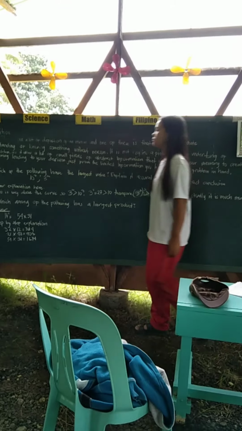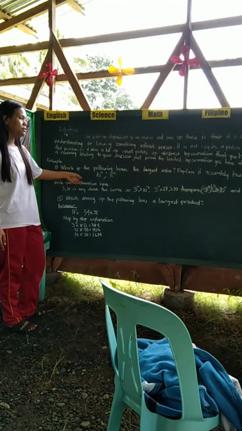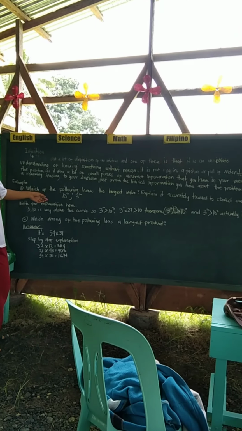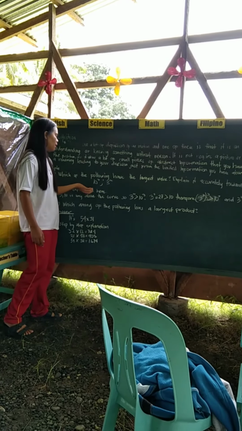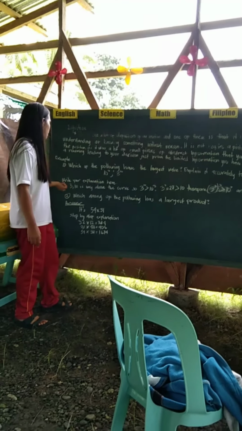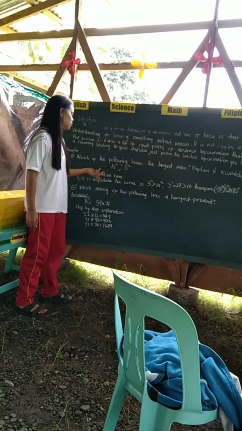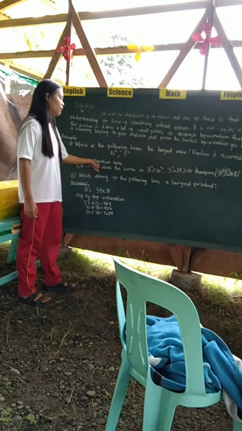For example, number 1: which of the following has the largest value? Explain it accurately toward the correct conclusion. 10 to the power of 3 or 3 to the power of 10. Write your explanation here. So this is my answer: 3 to the power of 10 is way above the curve.